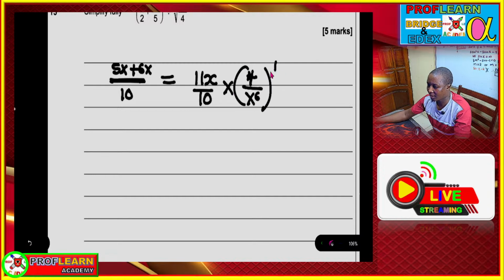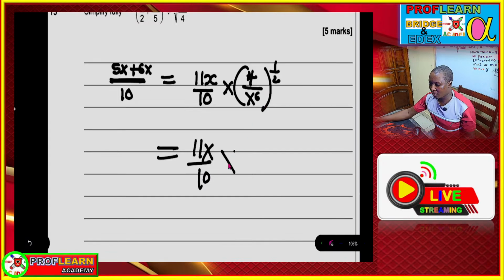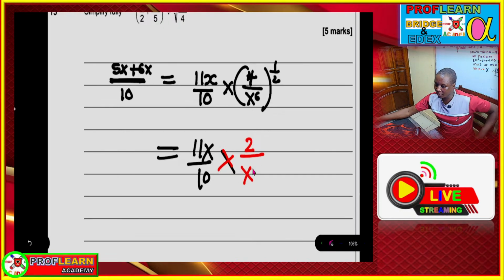Somebody is really tired. So we need to avoid those mistakes. Over 10 times, 4 raised to a half is 2, and this is going to translate to x raised to power 3.